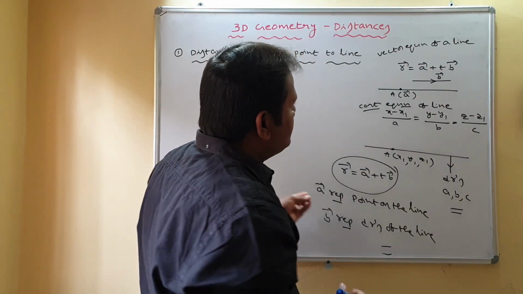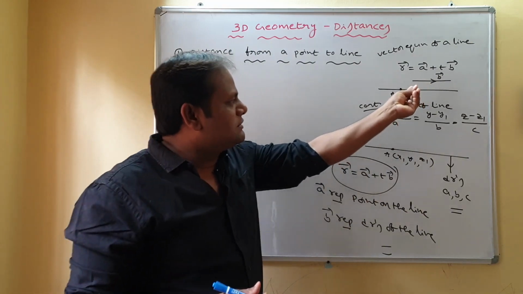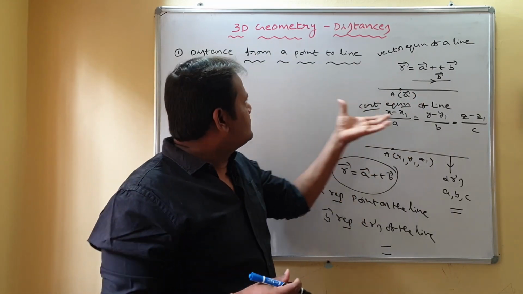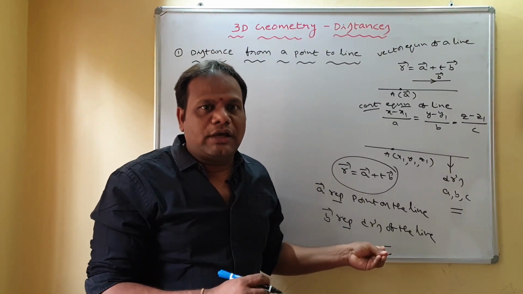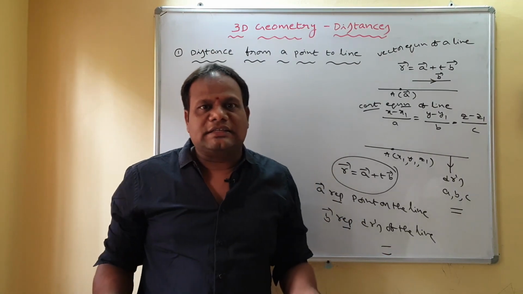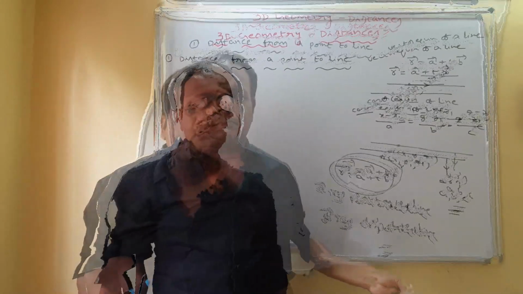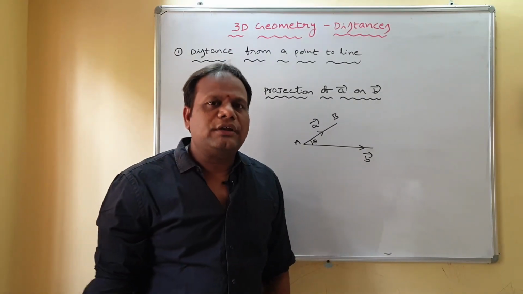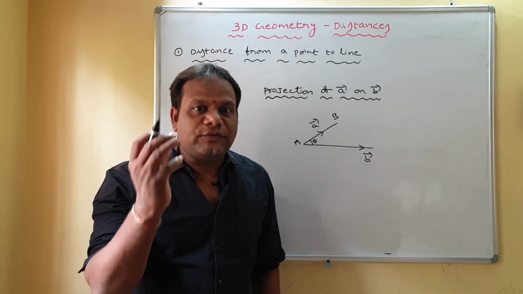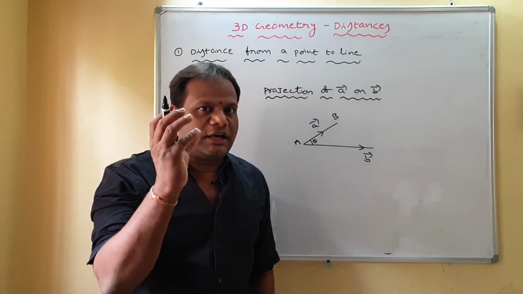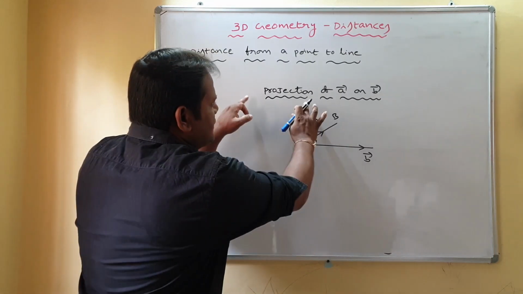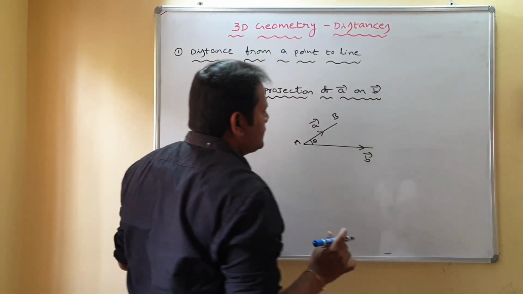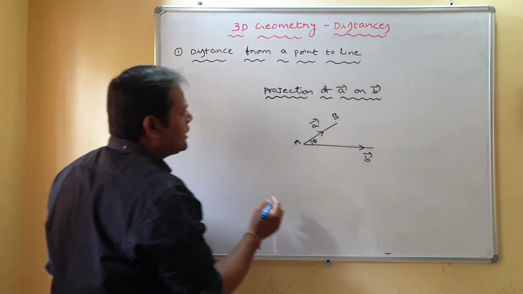We have to use either the vector equation or the Cartesian equation to find distances from a point to a line or distances between two parallel lines. Before entering into the concept, let us discuss the projection of a vector on another vector, that is, the projection of a bar on b bar.